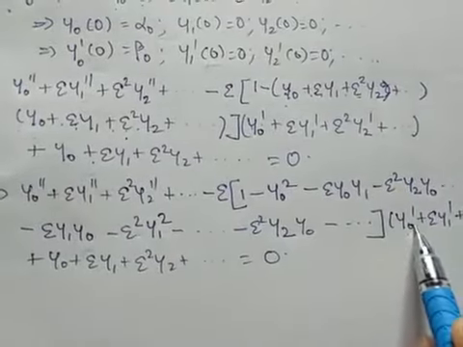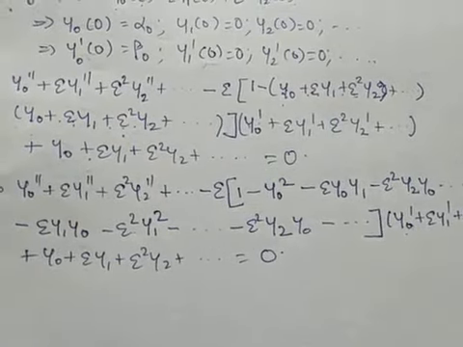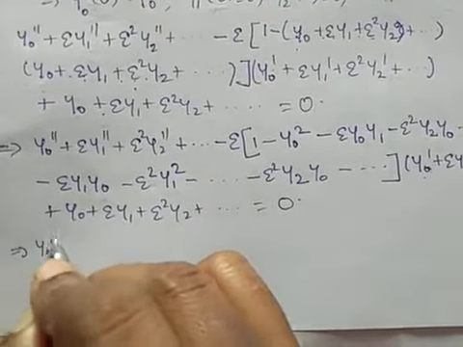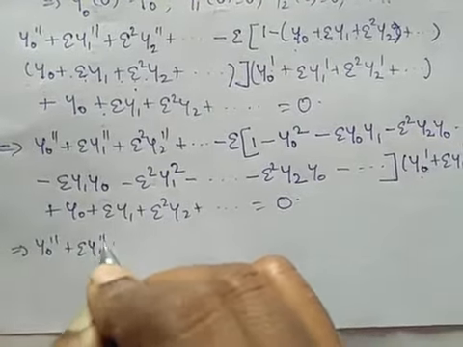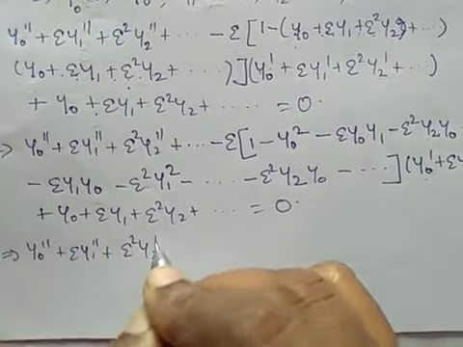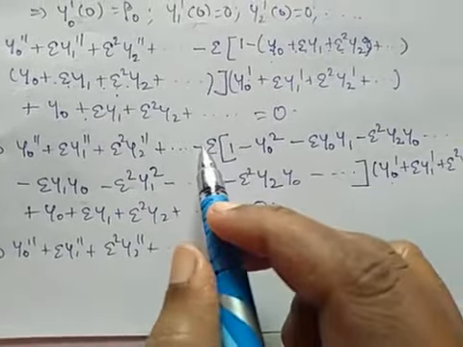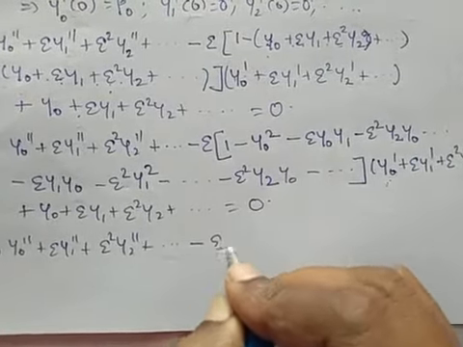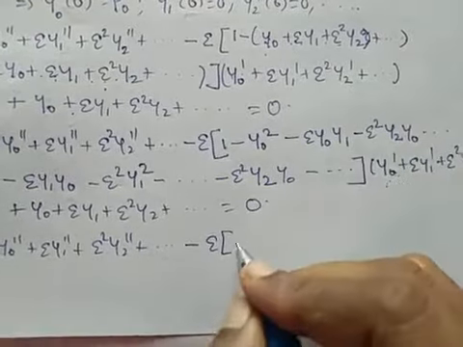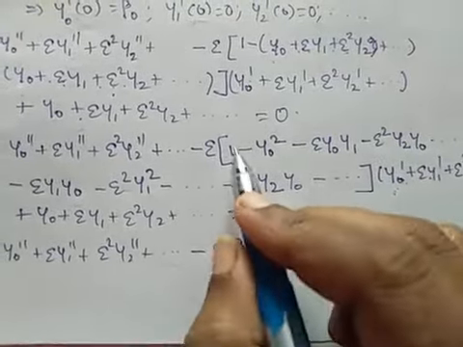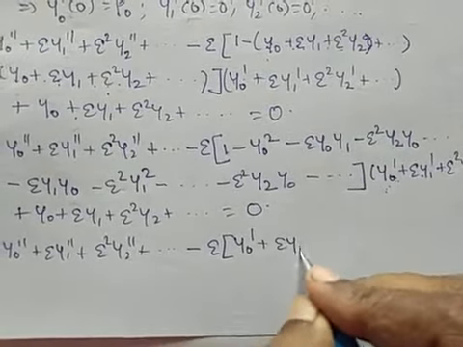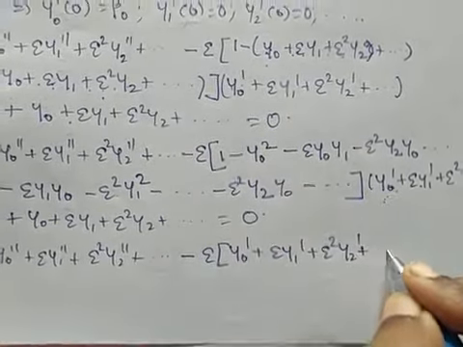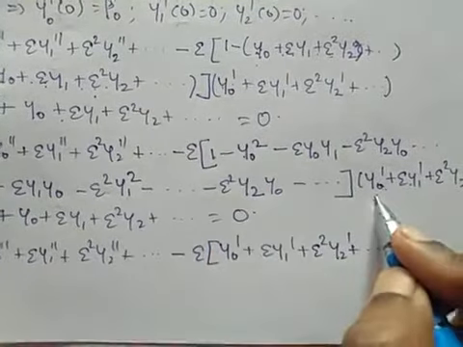Now again if we multiply this inside, we will get the first term as it is: y0 double dash plus epsilon y1 double dash plus epsilon square y2 double dash etc. Now we multiply minus epsilon into 1 into y0 dash plus epsilon y1 dash plus epsilon square y2 dash etc. Then multiply y0 square with y0 dash.